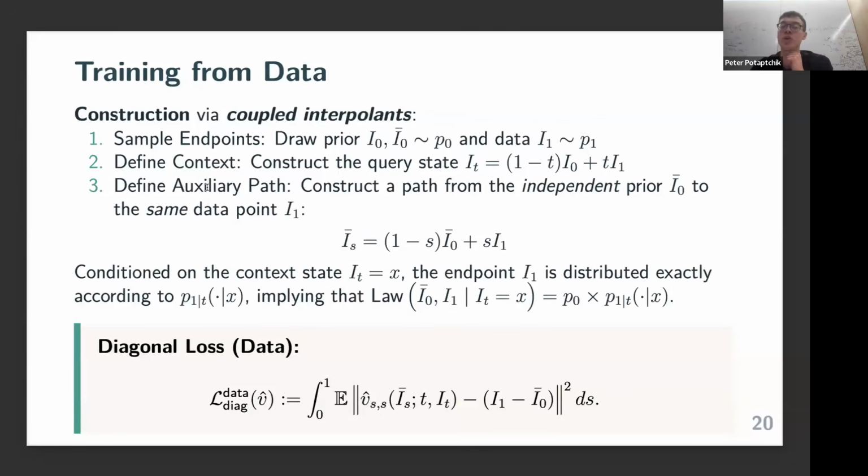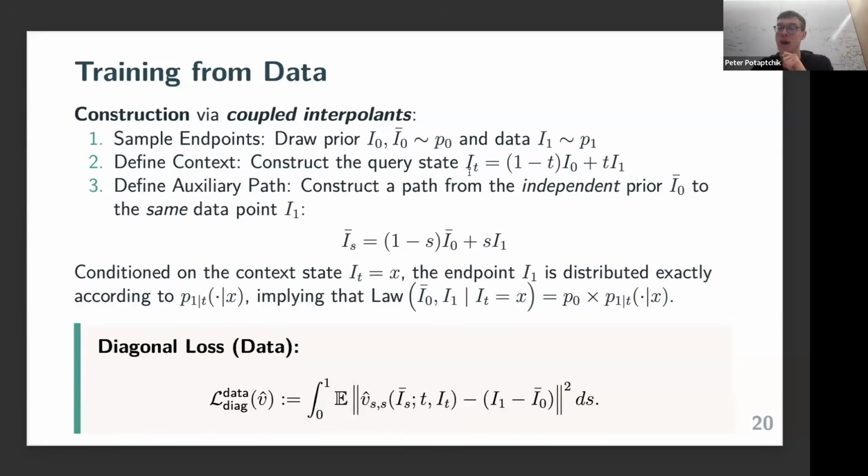But now, when you're constructing your conditional auxiliary path for your conditional flow matching task, you're going to sample an independent I0 bar. These I0s are independent from each other, but you're going to use the same data sample I1. The reason for this is, let's look at what happens conditioned on the context information.